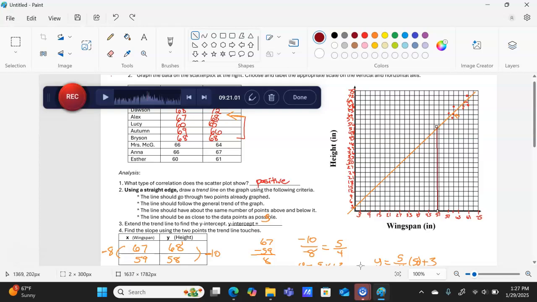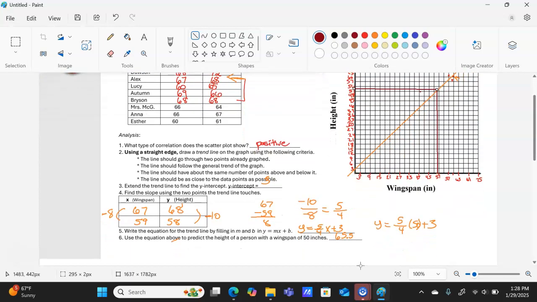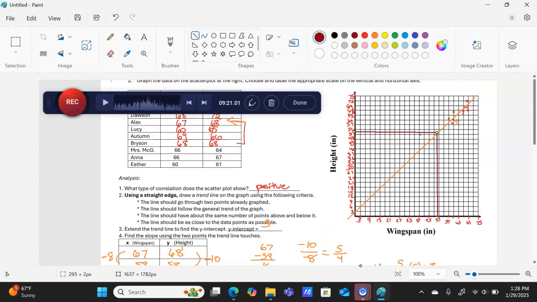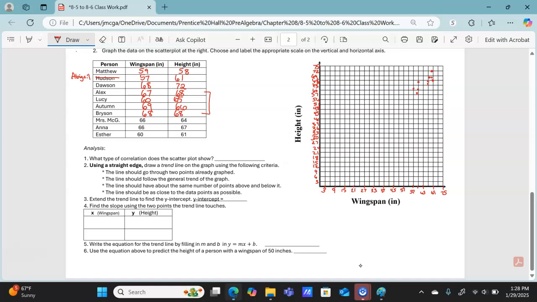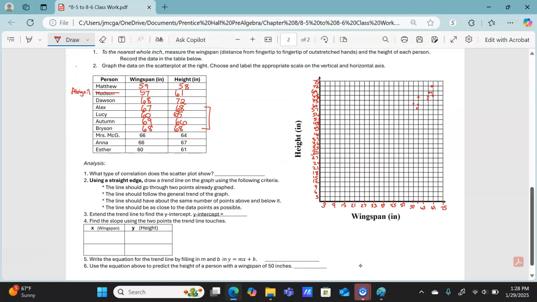And then once I hit my trend line, go across from that and see what you end up with. I ended up with somewhere around 53, which is different than my actual calculated amount.